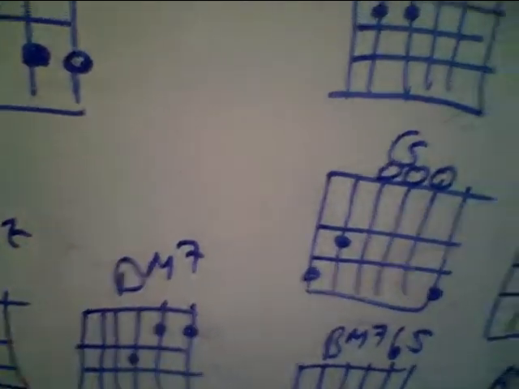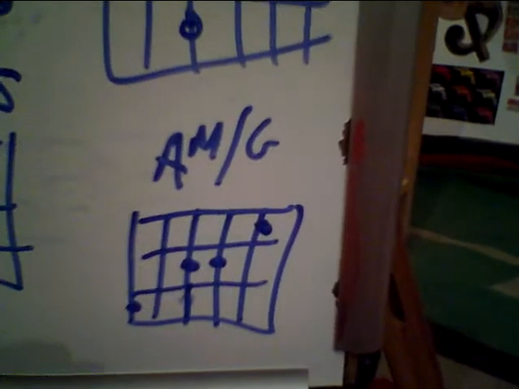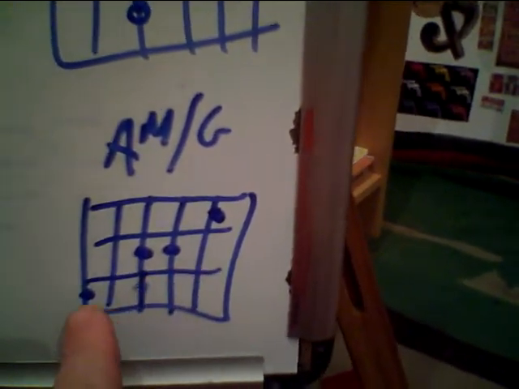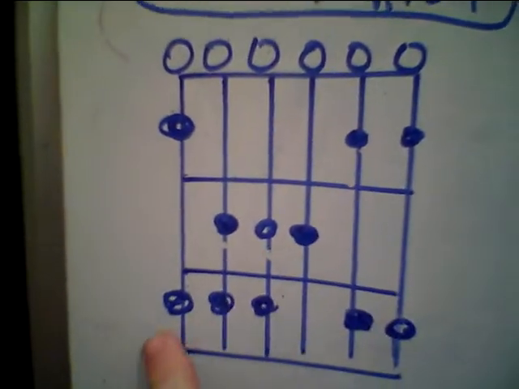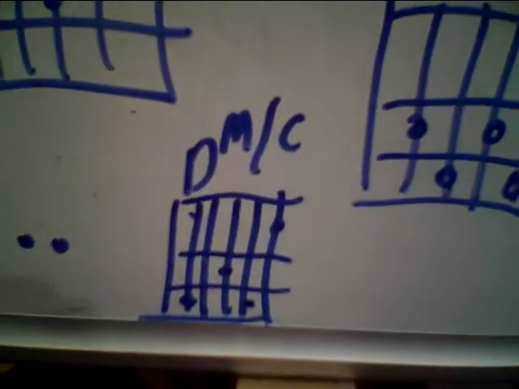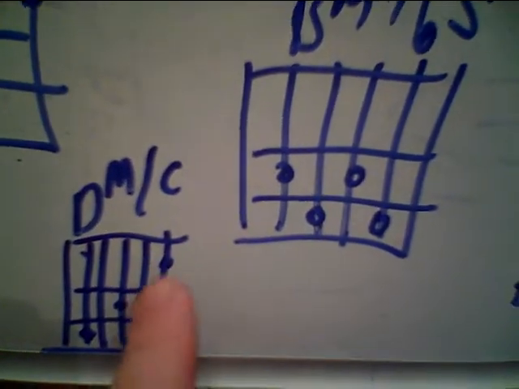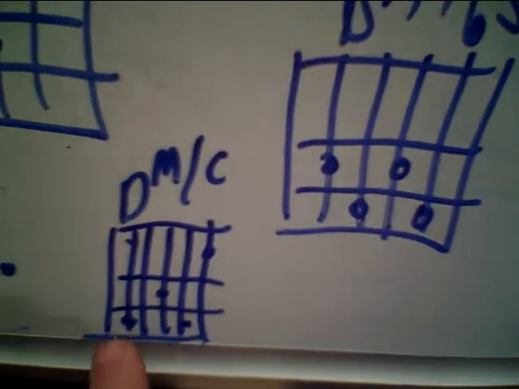There's an A minor G. So you're just taking an A minor, and then you just take the G note. There it is. Just plonk on the G note there. A D minor C. So you're having a minor chord, and you're just adding on a C note.